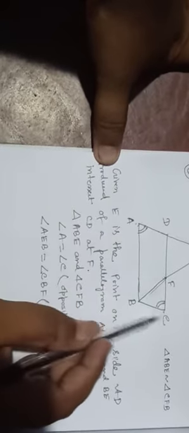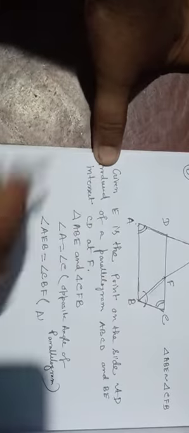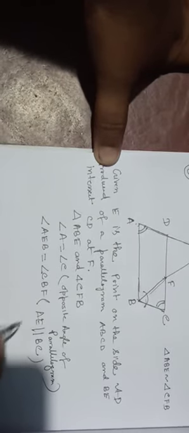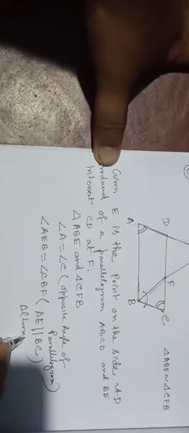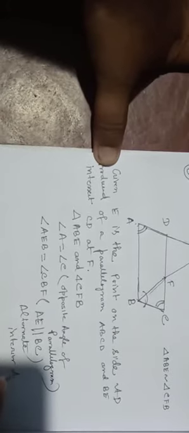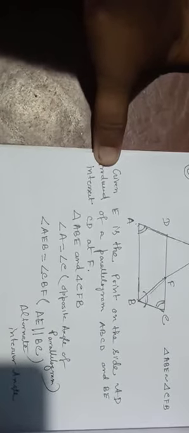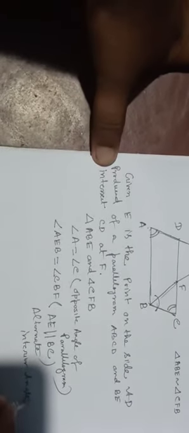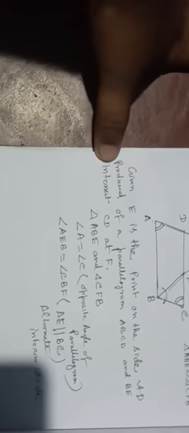Since this is parallel to this, this angle will be equal to this angle. So AE is parallel to BC, so alternate interior angles.